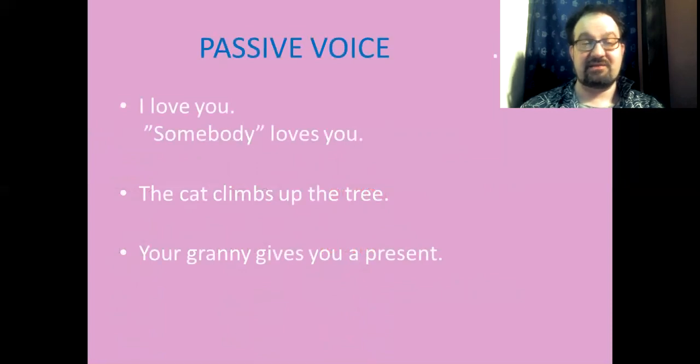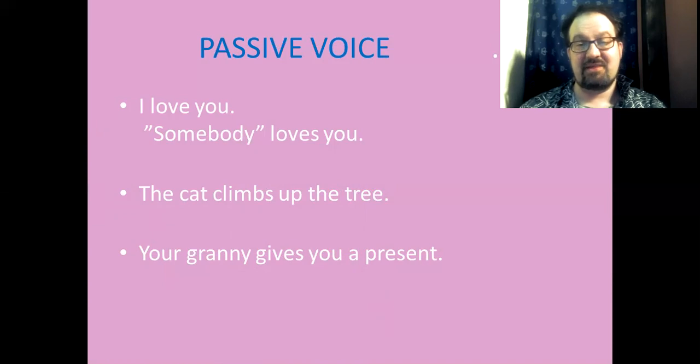So look at sentences like "I love you," "the cat climbs up the tree," "your granny gives you a present," just the way as crocodiles eat zebras. The point here is who loves you, who climbs up the tree, or who gives you the present loses the focus in a way.